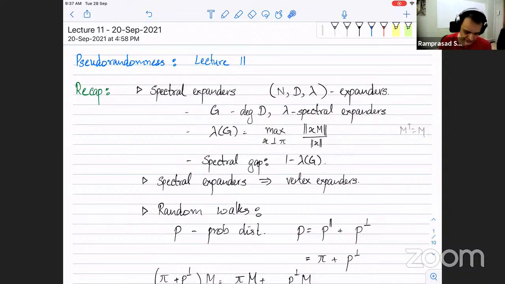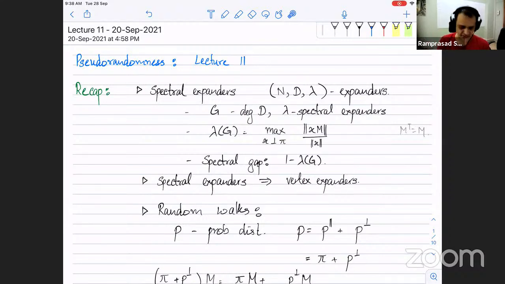Okay, and just to keep in mind that lambda of G, one definition which will be useful, is that you look at all possible vectors that are perpendicular to your stationary distribution. And when we are dealing with undirected graphs that are d-regular, the stationary distribution is basically the uniform distribution on all the vertices. So you can mentally tell yourself that whenever you see this pi, it's just the 1 by n vector.